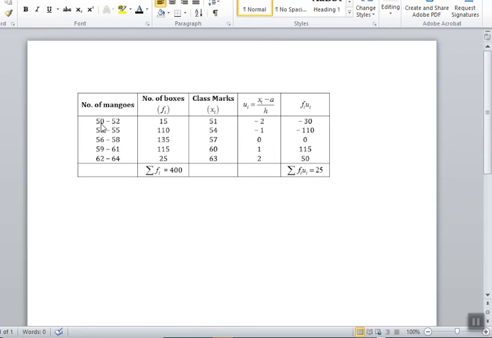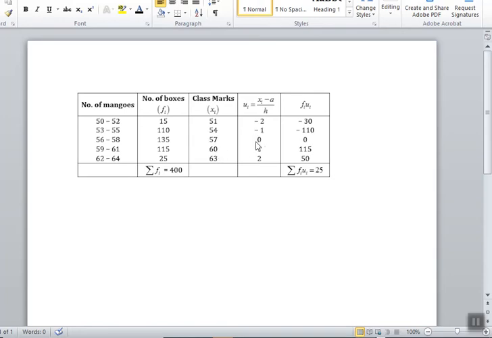Why plus 1? Either you have to count 50 or you have to count 52, anyone, but count 1 only. So it becomes 2 plus 1. Similarly over here, h is always constant. So what do you get now? ui equals 51 minus 57 upon 3, 54 minus 57 upon 3, 57 minus 57 upon 3, which is 0.